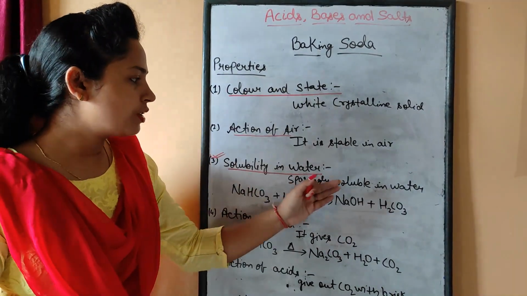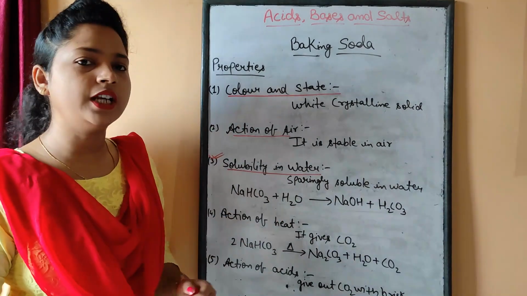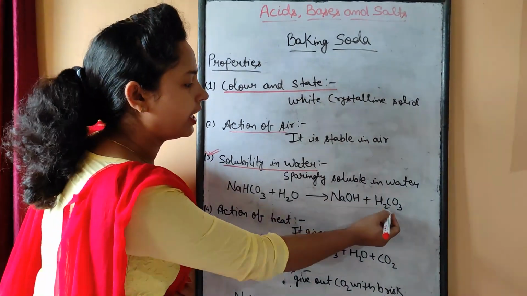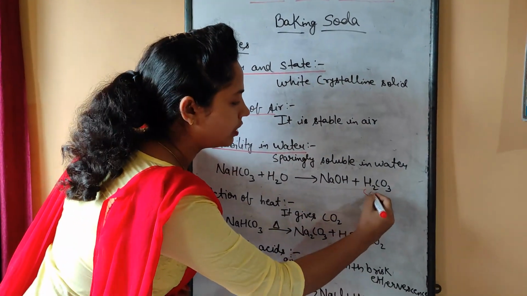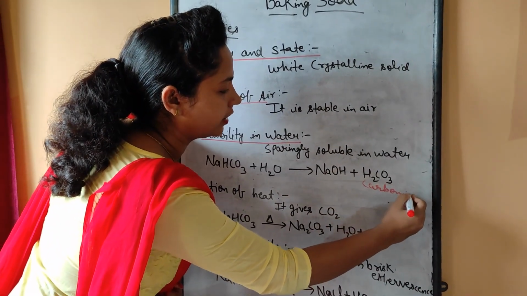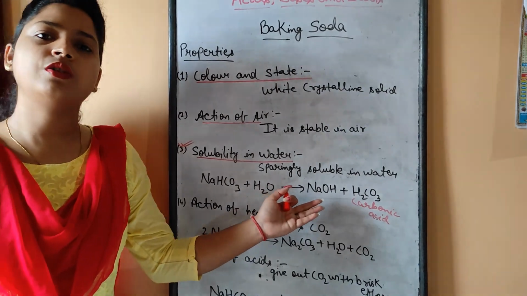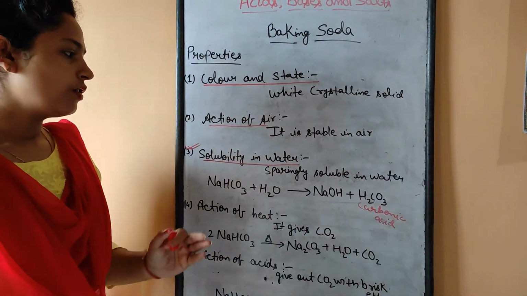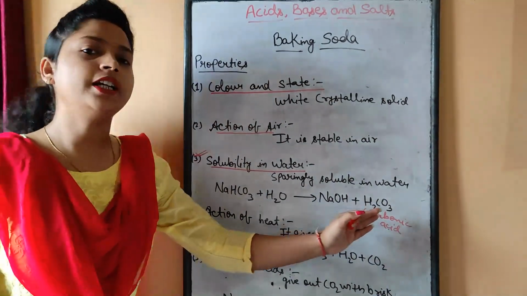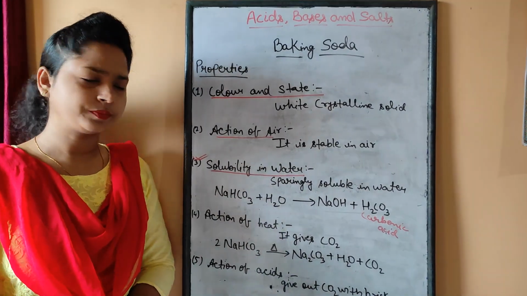So, when we dissolve this in water, what will happen? NaOH and H2CO3 are formed. H2CO3 is carbonic acid, and NaOH, you already know, is sodium hydroxide.